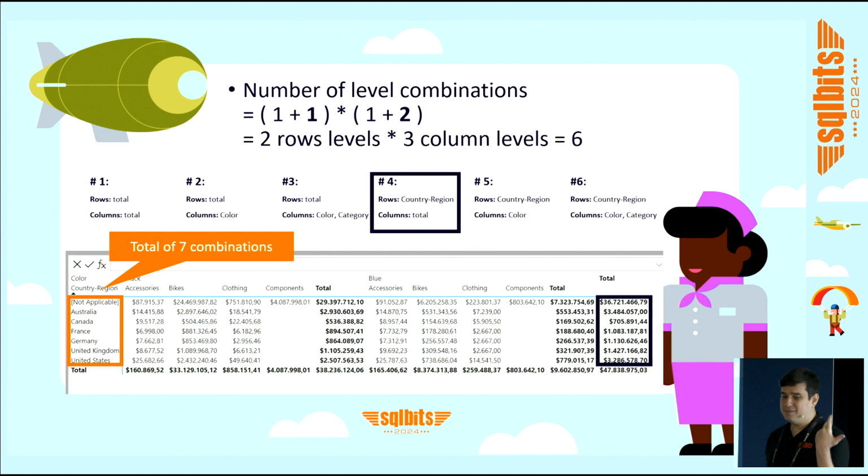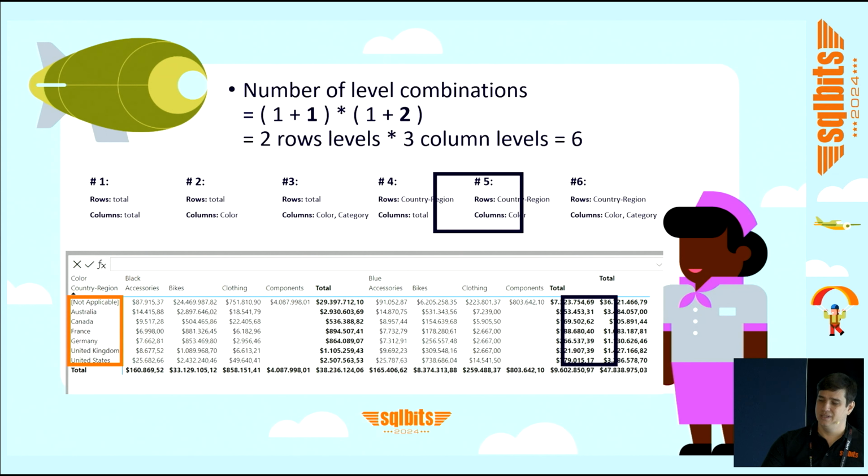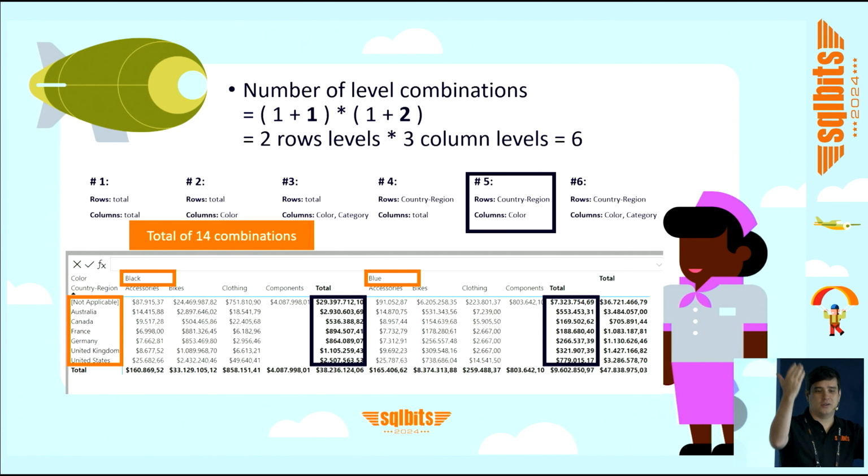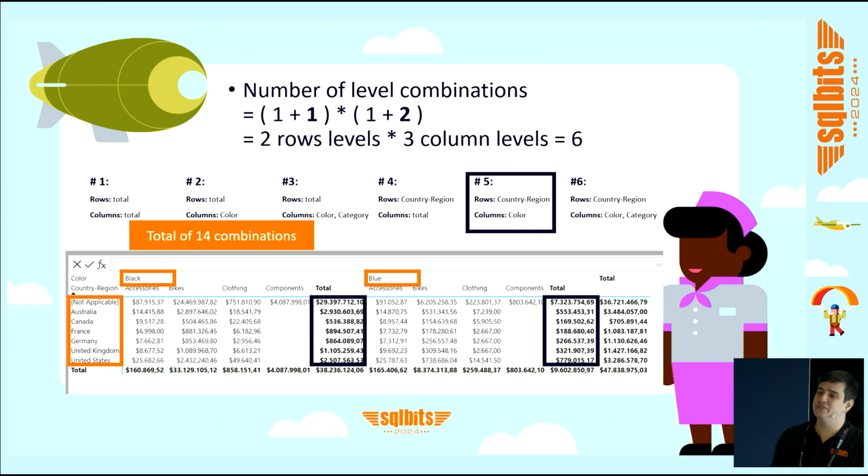Okay, let's filter by country region and see the total per columns. I can only see those highlighted numbers. Now I see more combinations, 14, because it's 7 country regions for color black and 7 country regions for color blue.